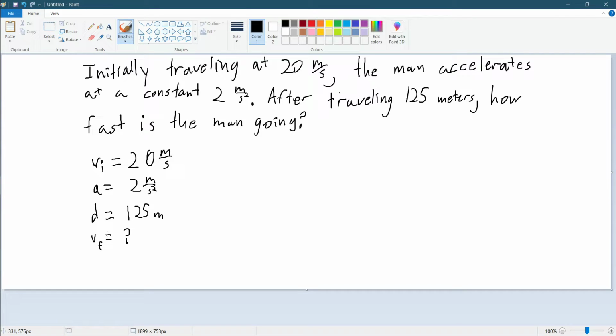So an equation like this, sorry, I said that incorrectly. So based on the information they give us, there's an equation that goes by v final squared equals v initial squared plus 2 times the acceleration multiplied by the distance.